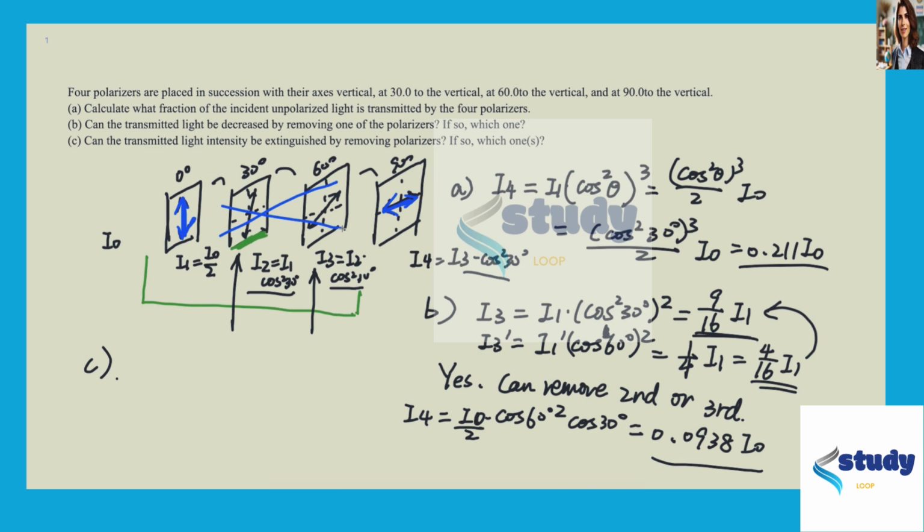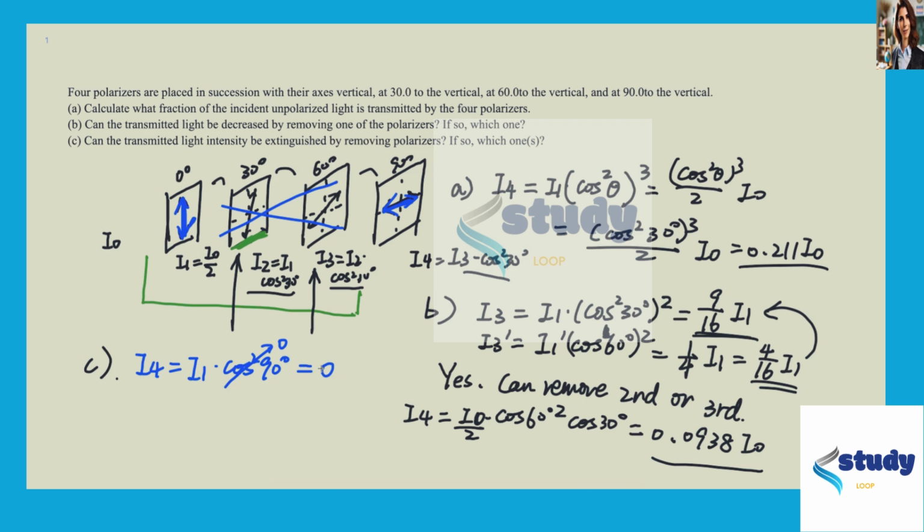And we know in this case, all light will be filtered because you have I4 equals I1 times cosine squared 90 degrees, and cosine 90 degrees is 0. So you will have I4 equals 0.